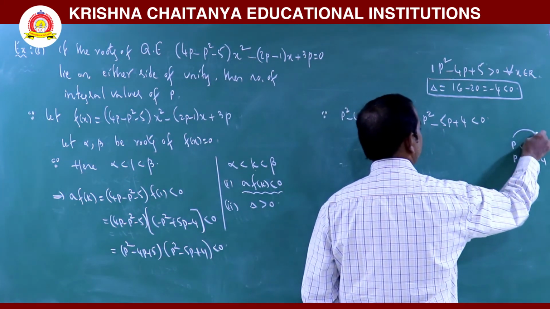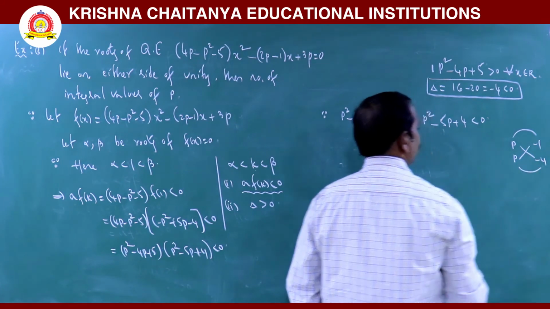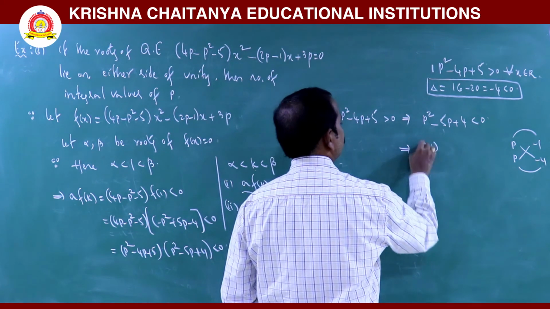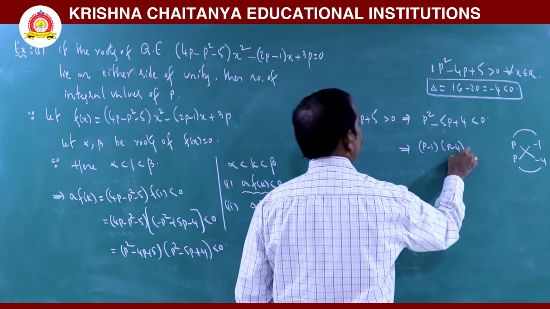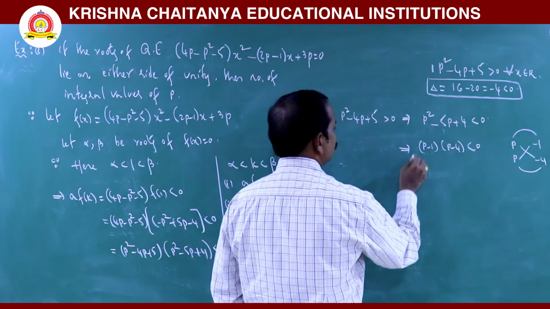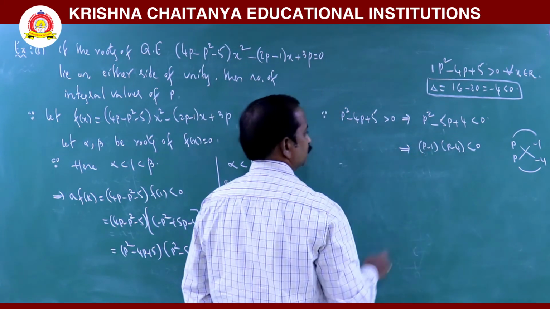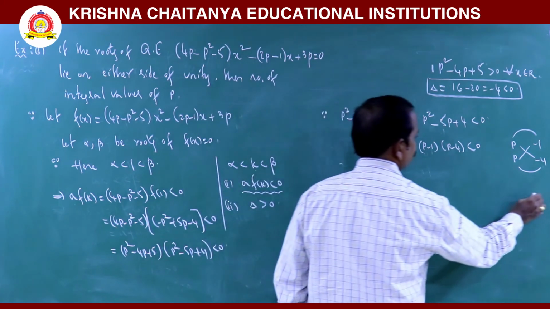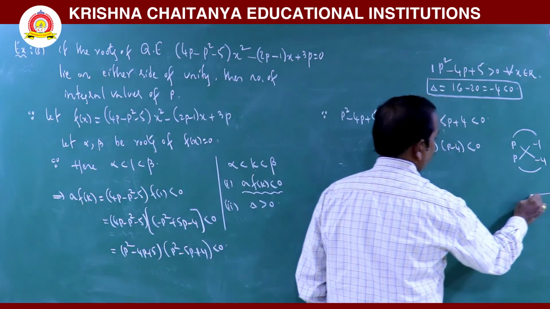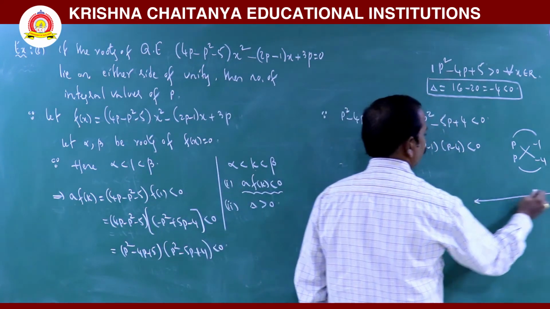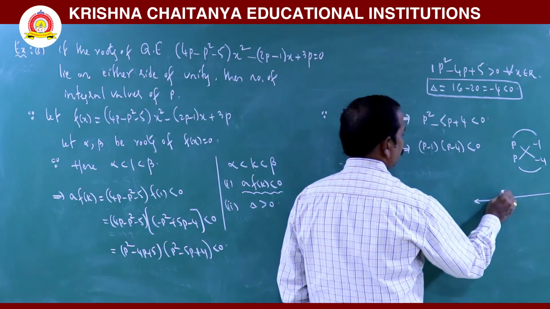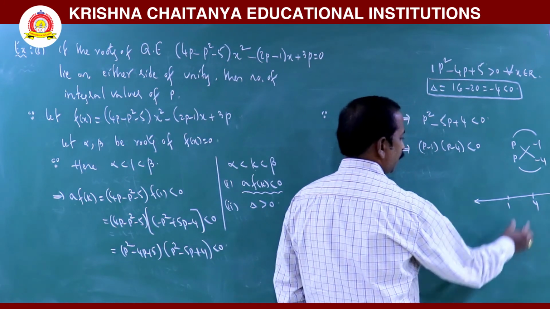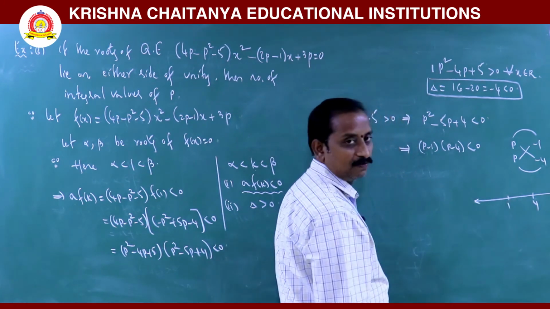So the factors are p minus 1 into p minus 4, less than 0. What are the values of p? Let us consider a real line and mark 1 and 4. We are considering between 1 and 4.